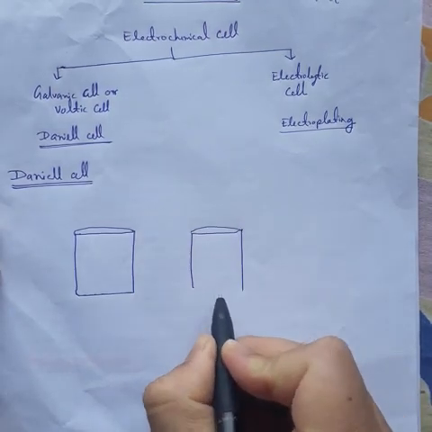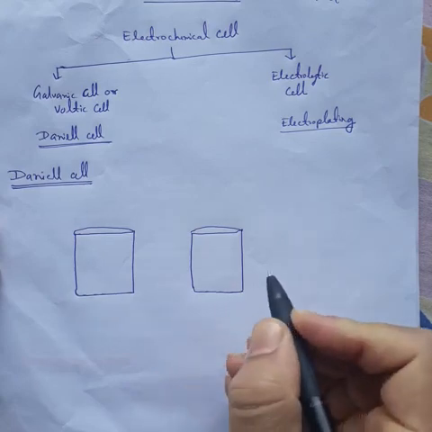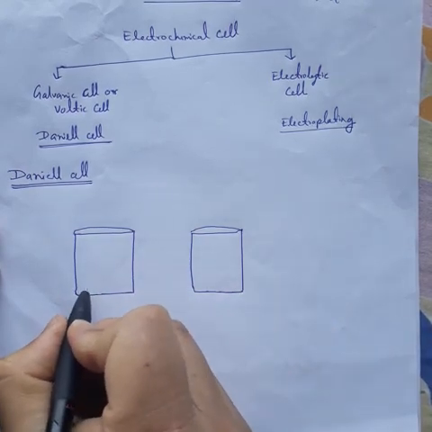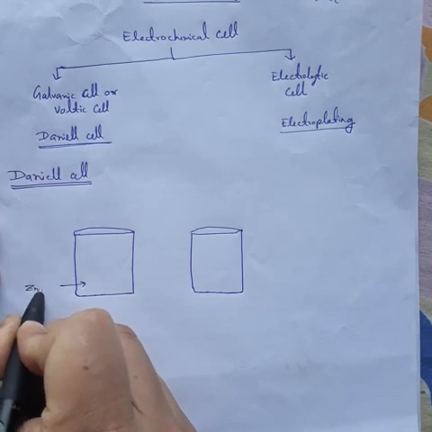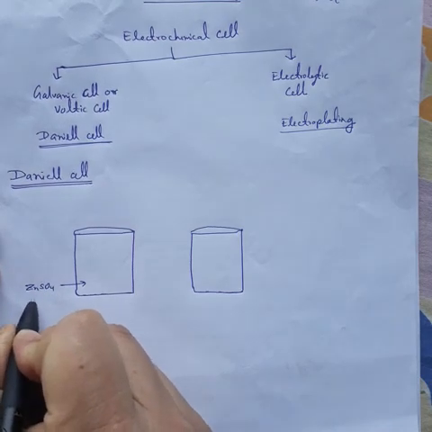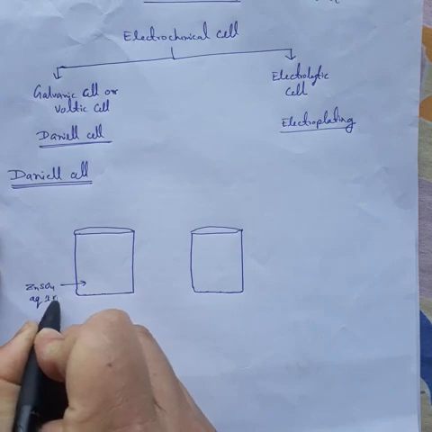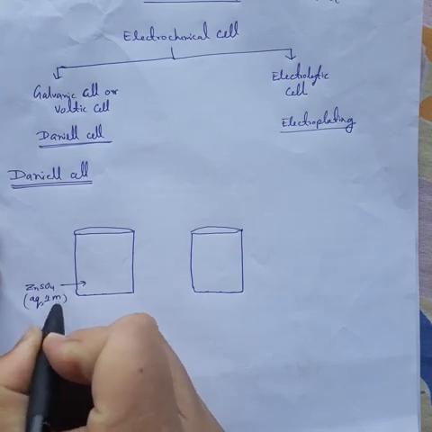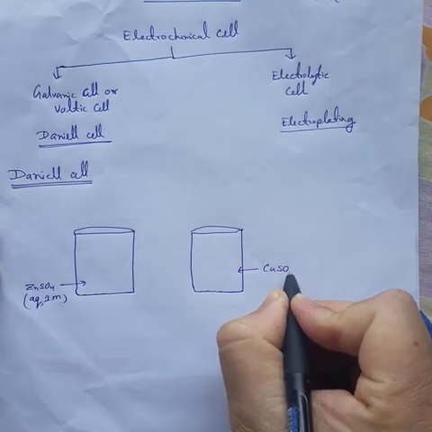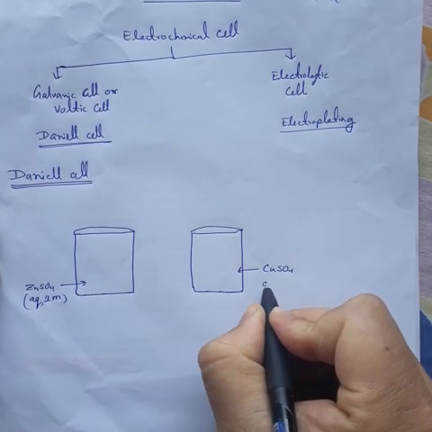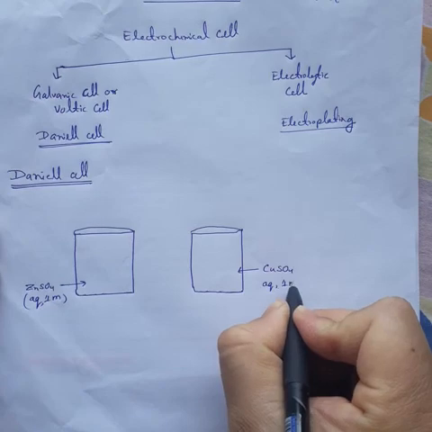This is another cell. It has a zinc sulfate aqueous solution of 1 molar concentration, and a copper sulfate solution, that is an aqueous solution of 1 molar concentration.